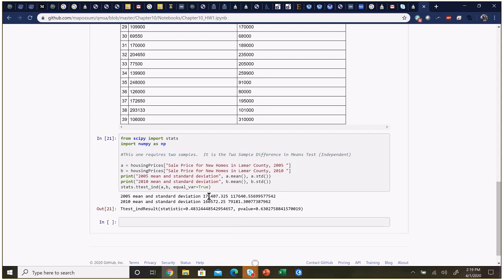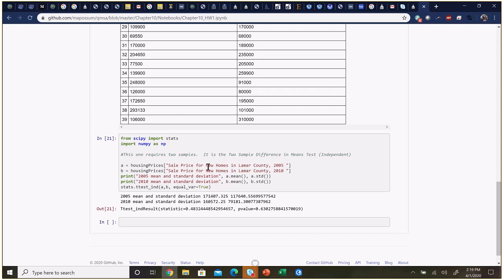Okay? Did the mean get higher or lower or stay about the same? Well, staying about the same is kind of a judgment call, but let's see. We've got 171,000 versus 160,000. So it went down, right?